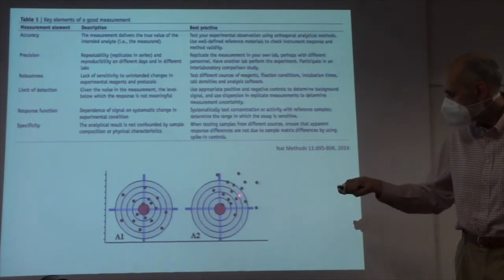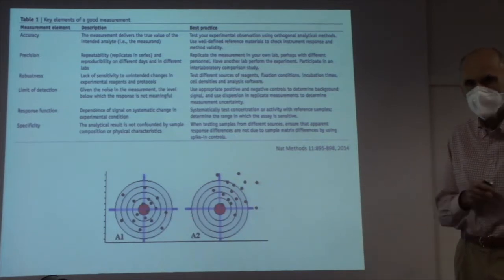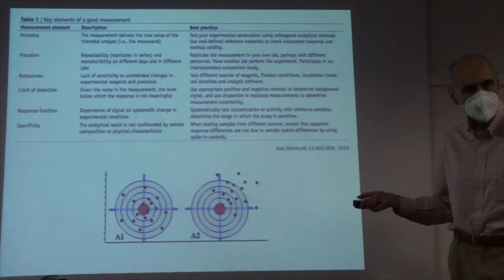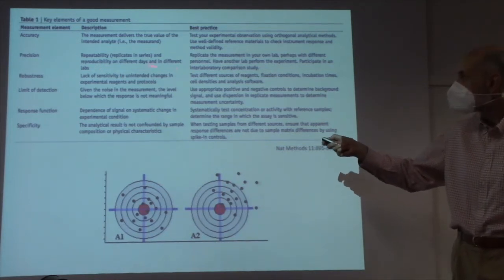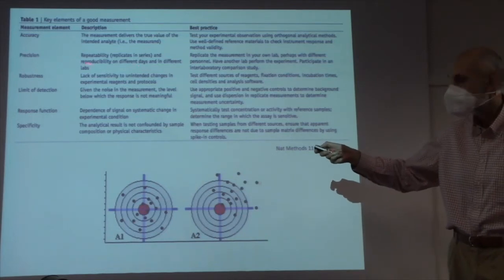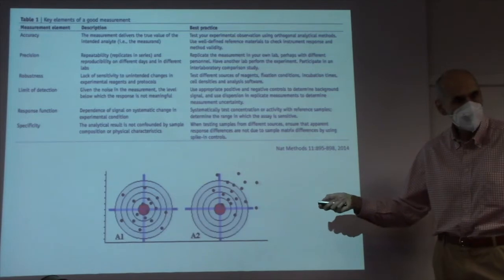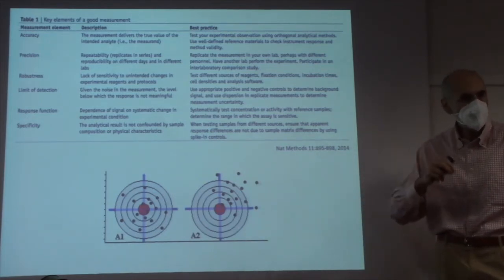But you see obviously that their average lies about here and not at the true value. So these two sets of measures have the same precision, the same repeatability and reproducibility, which is expressed by the distance among them and between each one of them and their average.